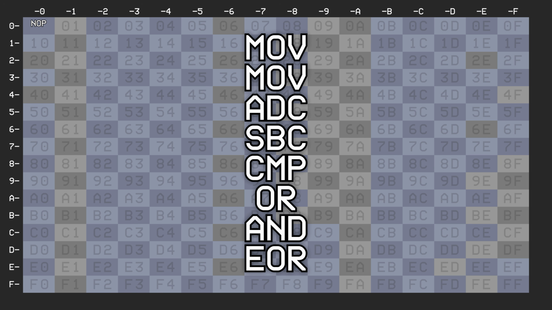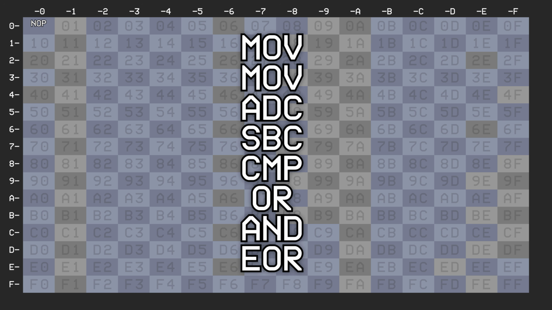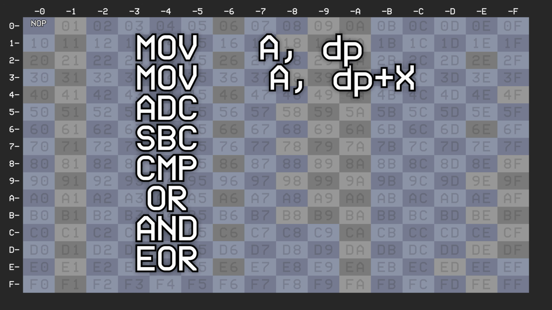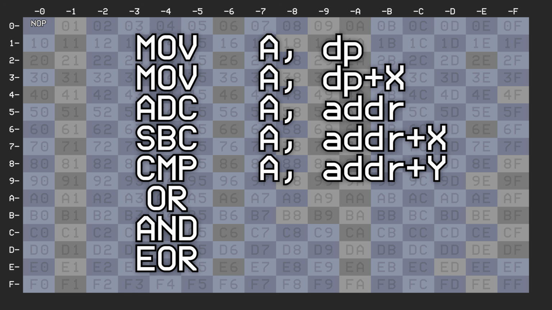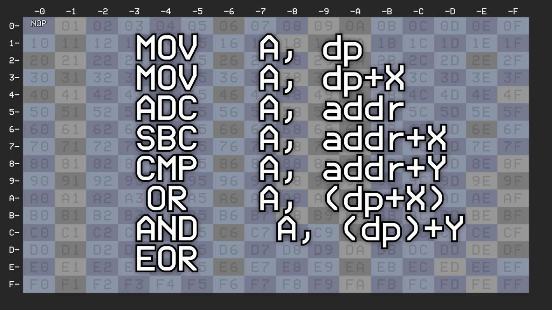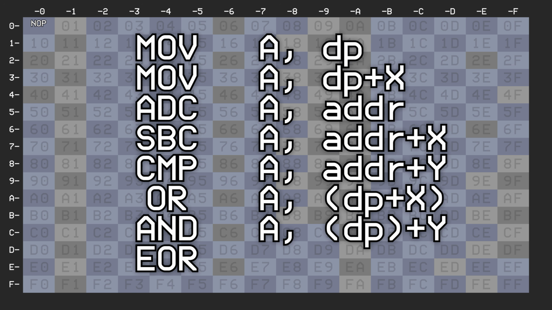There are a ton of addressing modes for each of these instructions, but there are 8 that both of these processors have. There's direct page access, direct page indexed with X, word address access, word address indexed with X, word address indexed with Y, direct page indexed with X indirect, direct page indirect indexed with Y, and immediate.